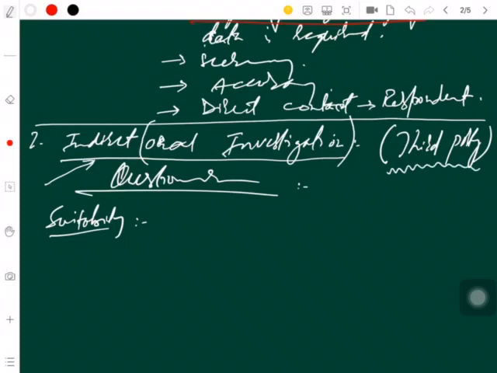Its suitability is, number one, where the area of inquiry is wide. Number two, where direct sources do not exist or cannot be relied upon. Number three, where it is not possible to have direct contact with the concerned informants. Or maybe where direct personal investigation is not suitable.